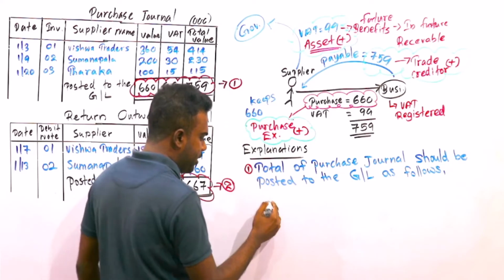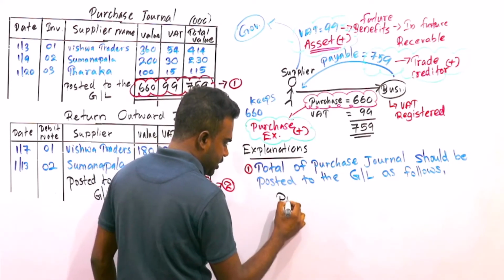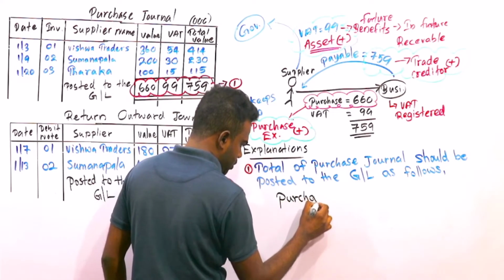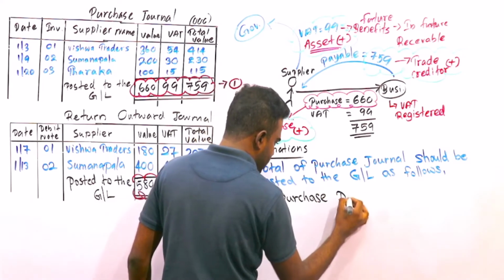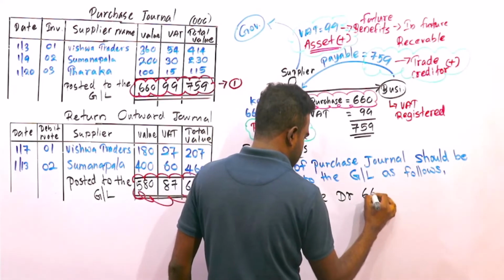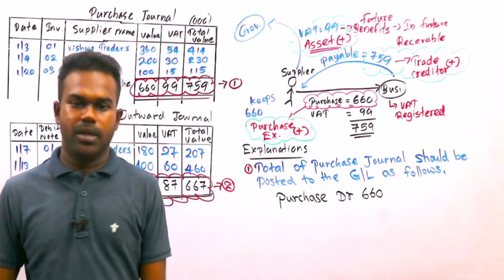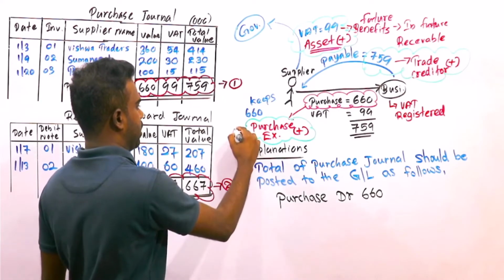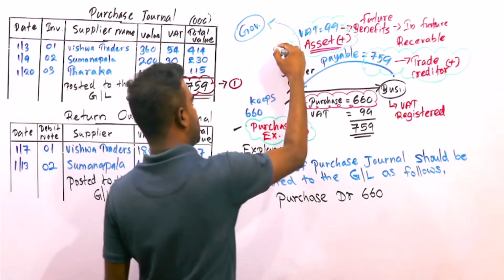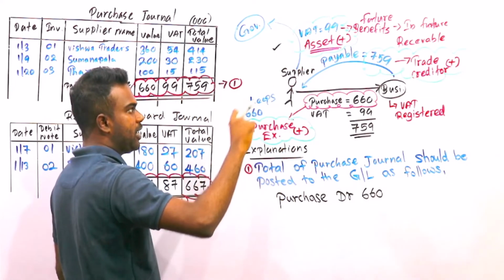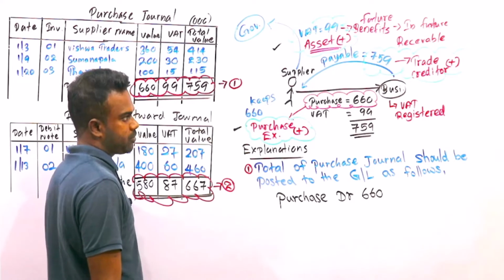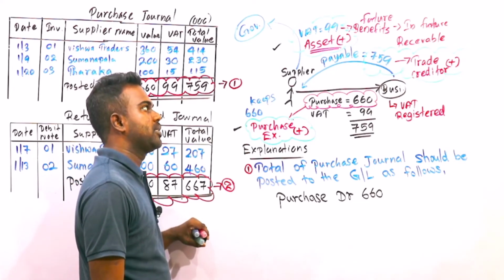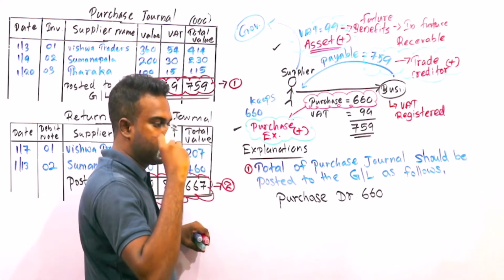Then we can write purchase account debit, how much? 660 rupees. Right now, this one okay. Then how much is the VAT asset? 99 rupees.